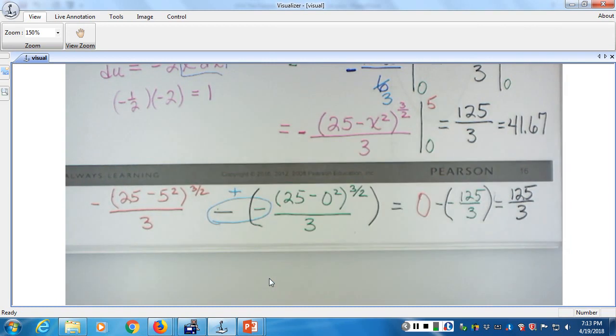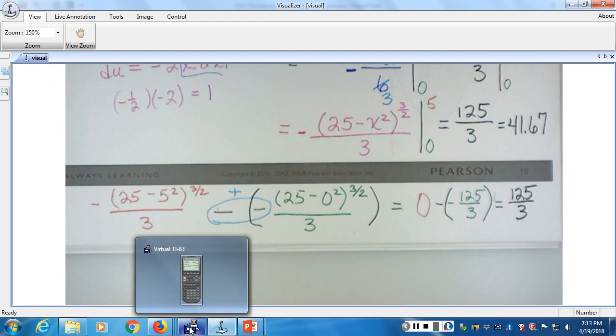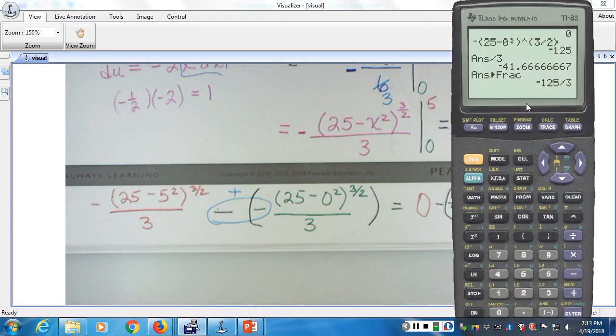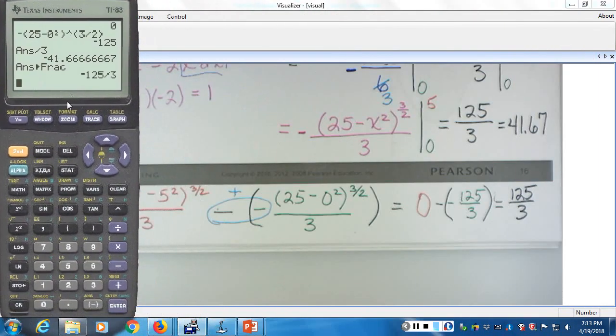And if we're talking about money rather than keeping fractions, we would go to a decimal and call that 41.67. And once again, we can evaluate that integral with the calculator and make sure that we're getting it right. So the original integral was x times the square root of 25 minus x squared.